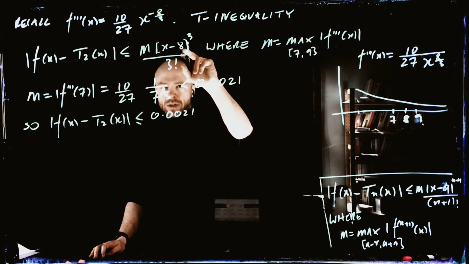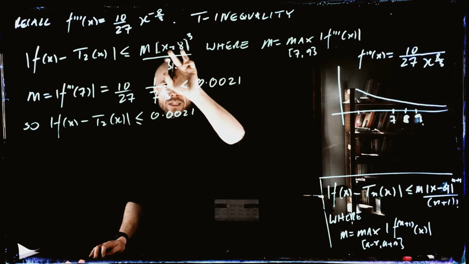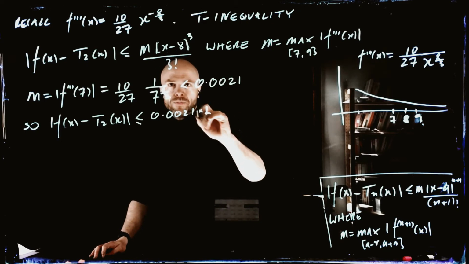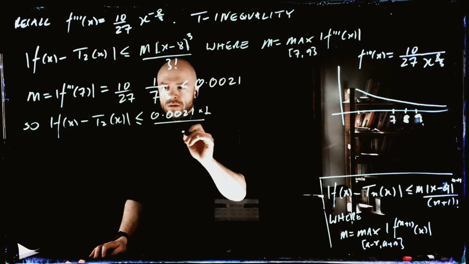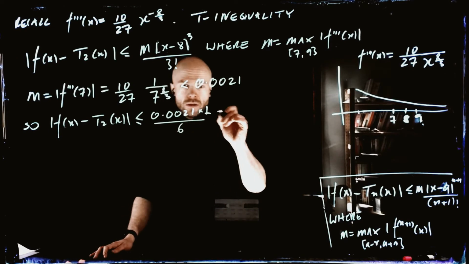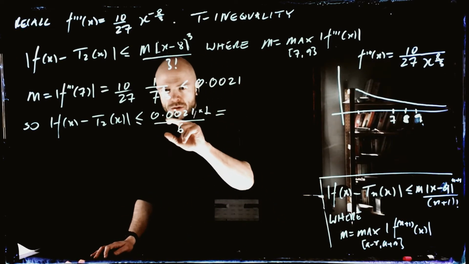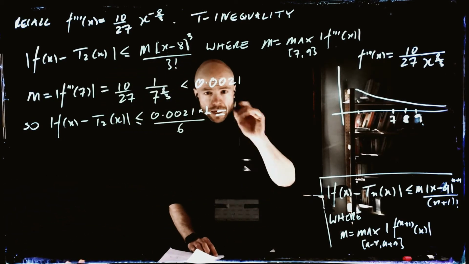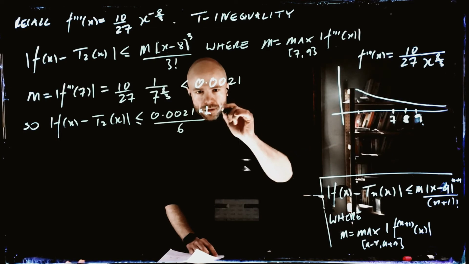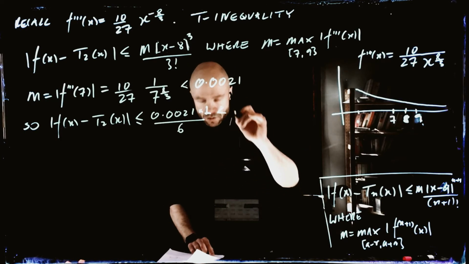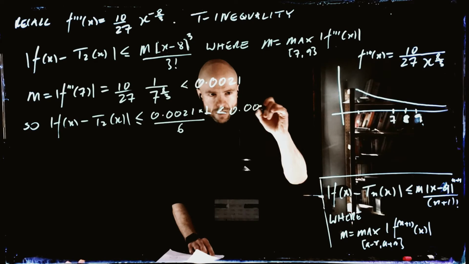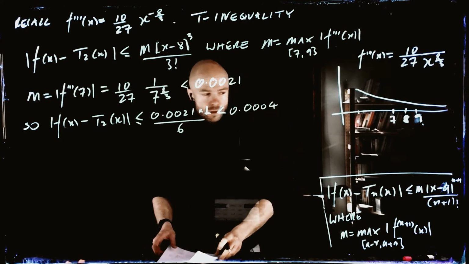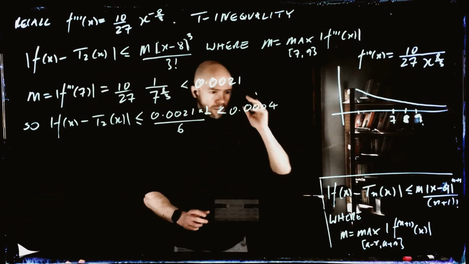So this thing will be maximized by just 1. So here we just put 1. And then this thing is just 3 factorial, so it's just 6. So this is 0.0021 divided by 6, which is a very small number, and it is less than 0.0004. Okay. So we got through it.